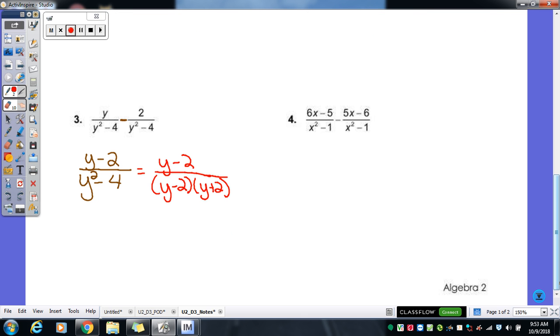So what would be our two restrictions here? Yep, so y can't be negative 2 and 2, because when I factored my denominator, I set those equal to 0. So we can cancel out our y minus 2's. So our reduced fraction would be 1 over y plus 2.